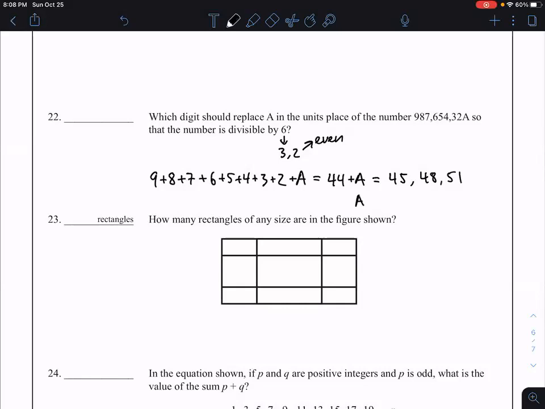So from this, we can see that A is equal to either 1, 4, or 7. Now, since we want it to be divisible by 6, that means A has to be an even number. And the only even number here is 4. So that's our answer.